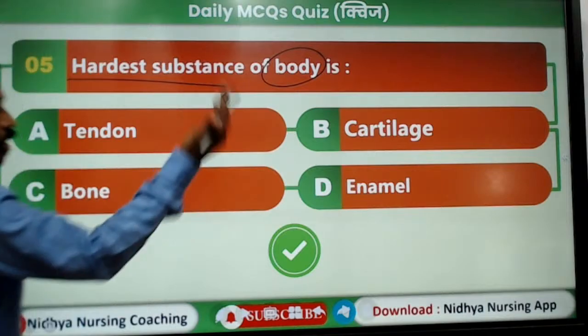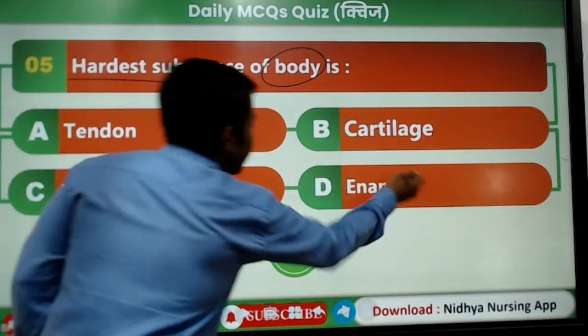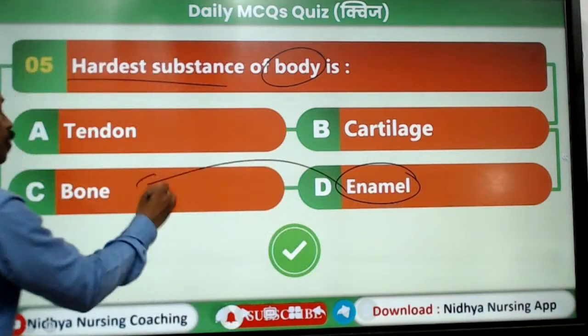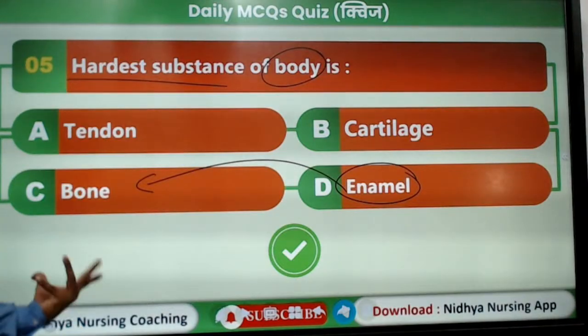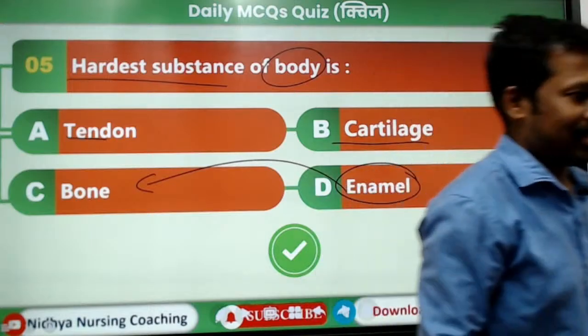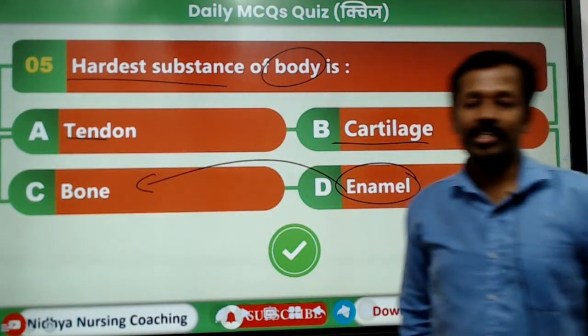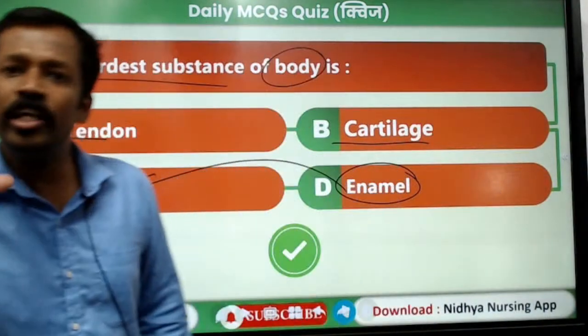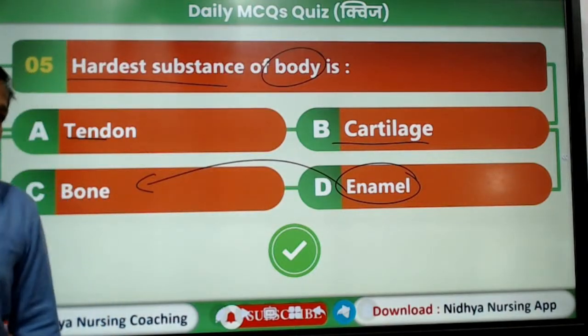That is enamel. After enamel, it is bone. And cartilage and tendons are not the hardest; they are smooth fibers. Got it?